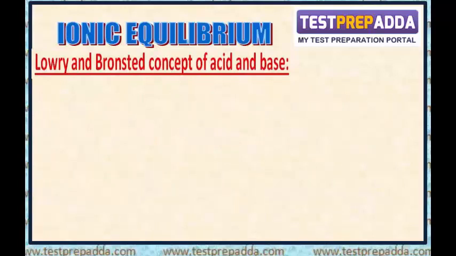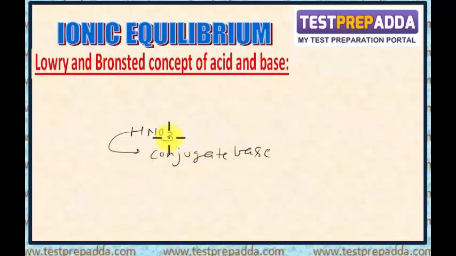For example, if I take HNO3 as the acid, how do I write the conjugate base? Use the concept.